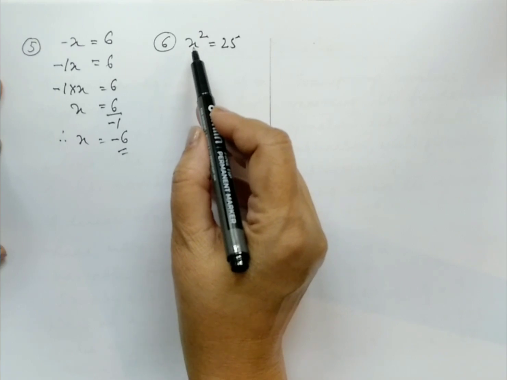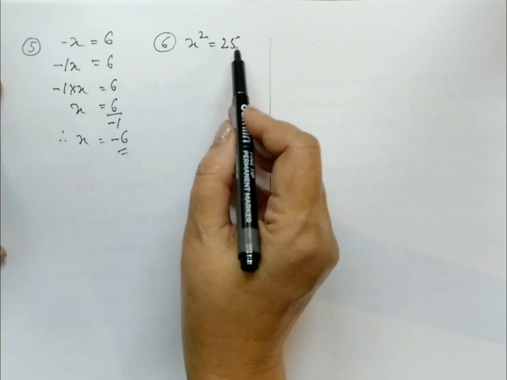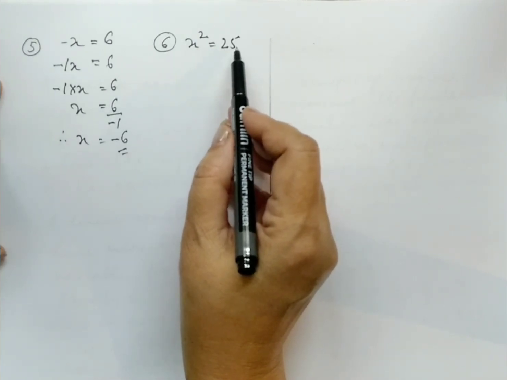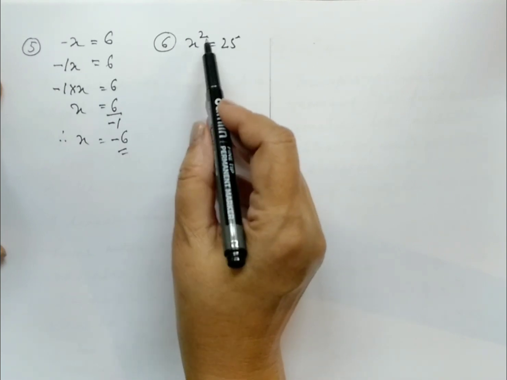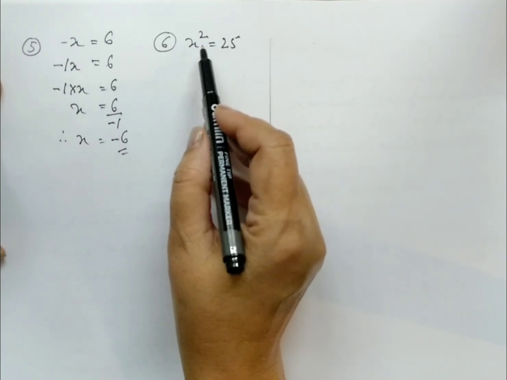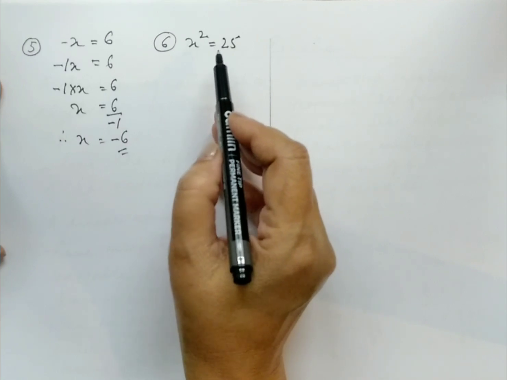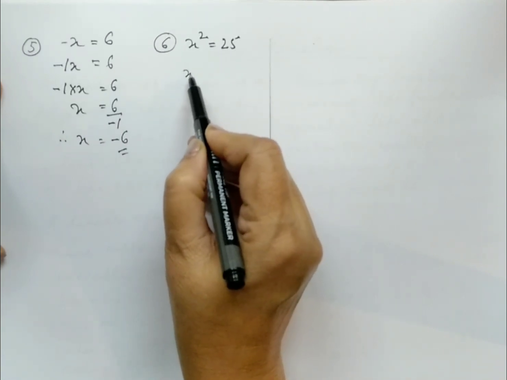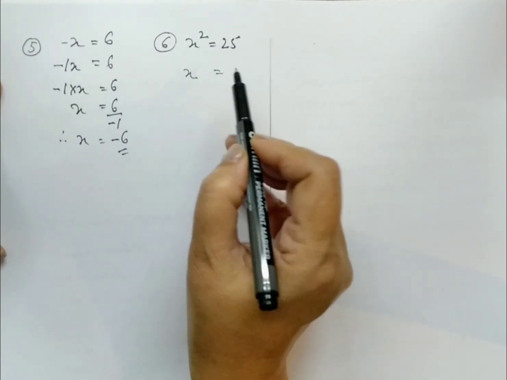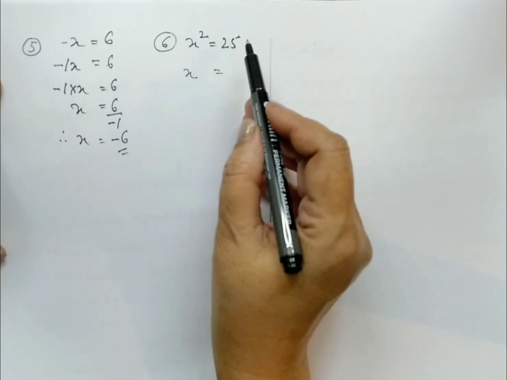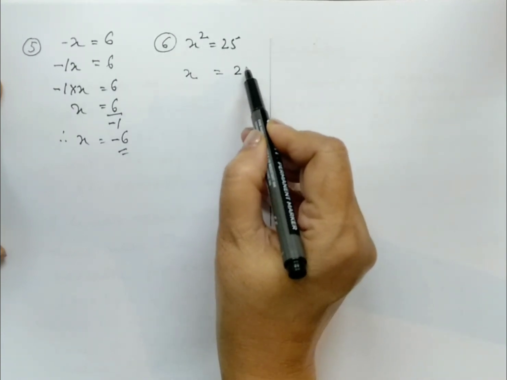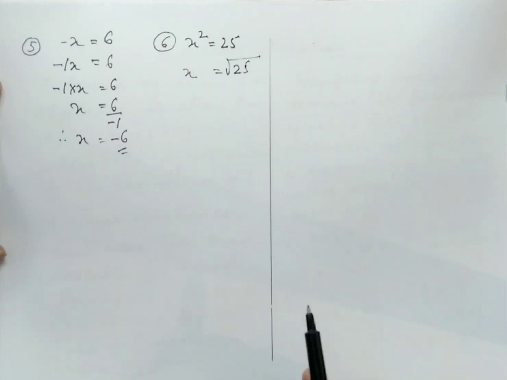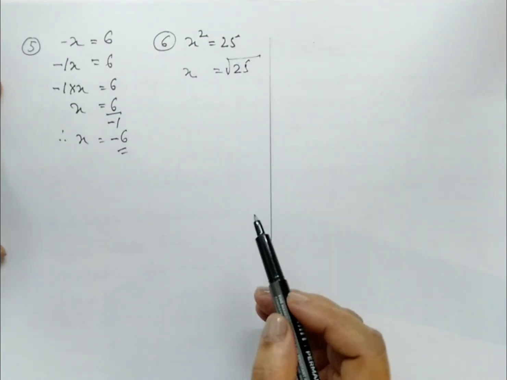All right. Now x to the power 2 equals 25. Now whenever there is a square of x, in transposition the rule says that when x square sends its square to the other side, it square roots the number that is on the right hand side.